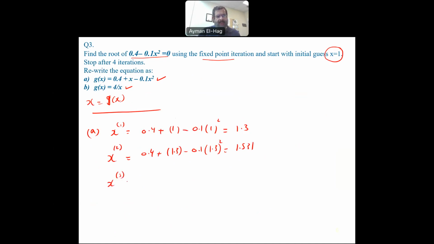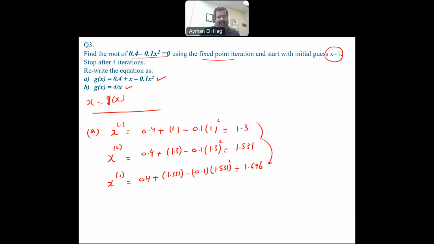X at the third iteration, keep on updating the value each time: 0.4 plus 1.531 minus 0.1 times 1.531 squared, and this will give me 1.696.